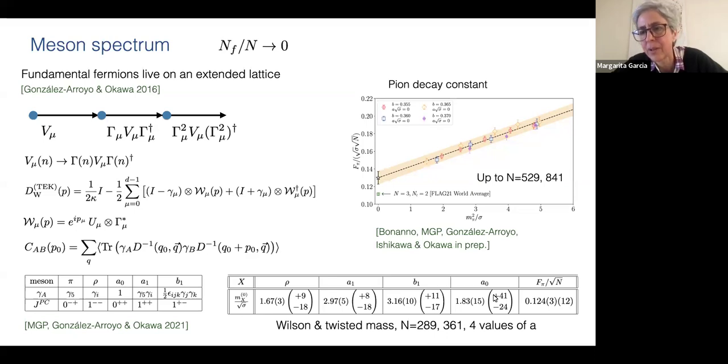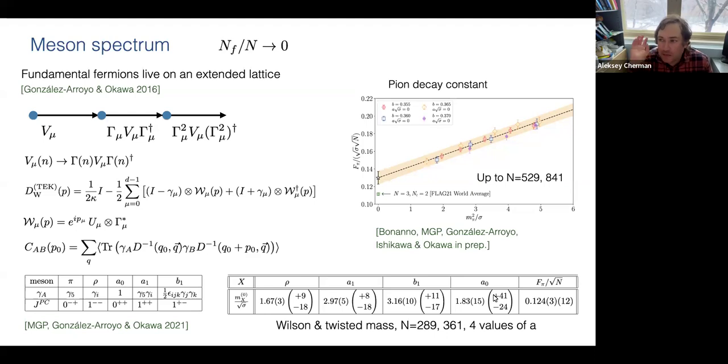Can I follow up on that? So for example, picking up on FPi, comparing it to the real world is very nice, but of course the real world is not large N. But people, I think, have done calculations of FPi and other meson masses using standard lattice methods, increasing N. Yes.